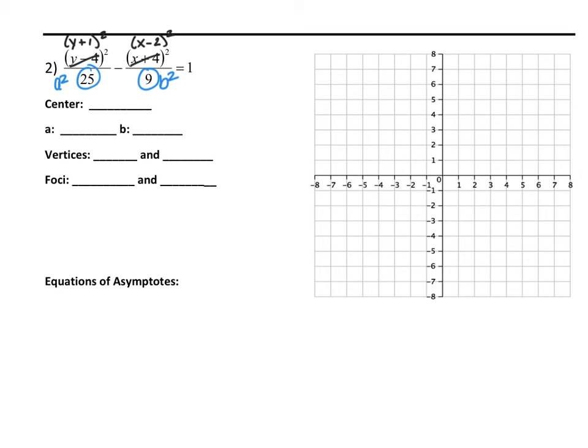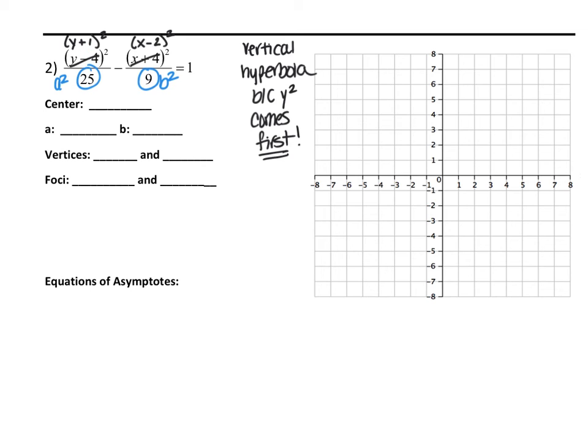This time we have a vertical hyperbola. And the reason why we have a vertical one is because the y value comes first, right? So if you want to write that down, that wouldn't be a bad idea, because y squared comes first. Now, the tricky part that people might get confused about is the center.